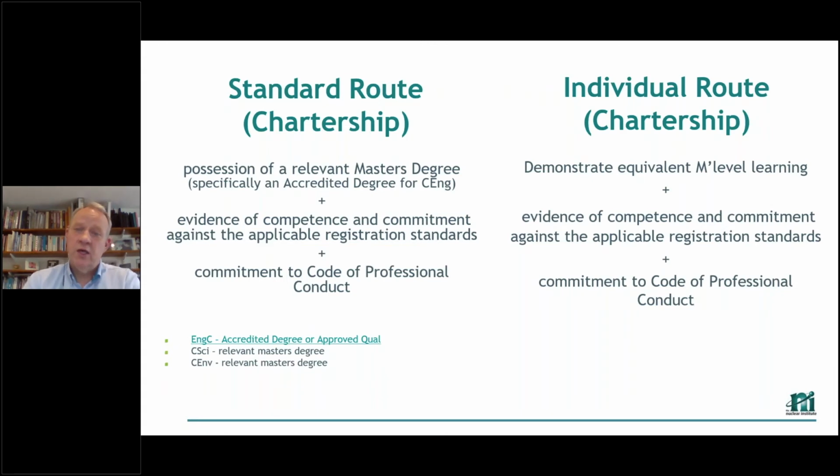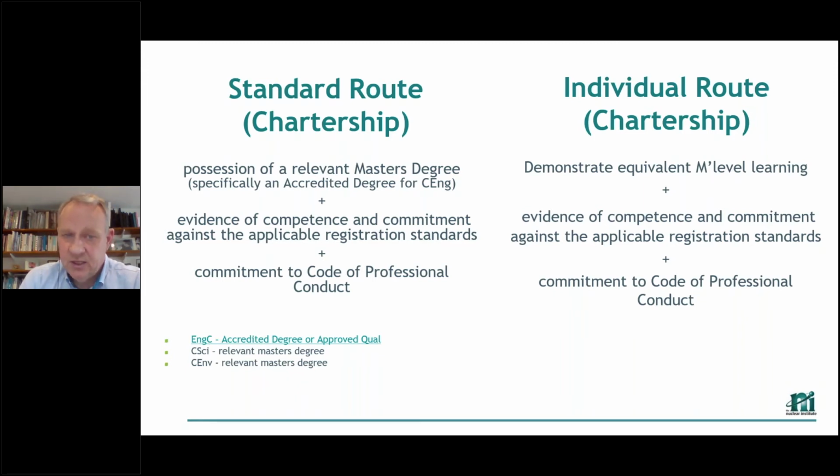Just want to touch on another thing that may be an issue for some of you, may not. We offer two different pathways towards, and this is particularly to do with chartership, but it can be to do with incorporated engineer as well, what we call the standard route and the individual route.